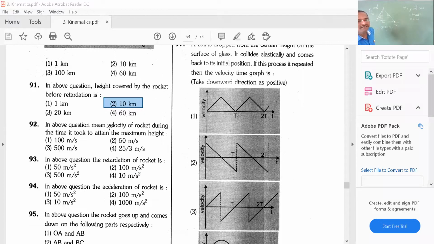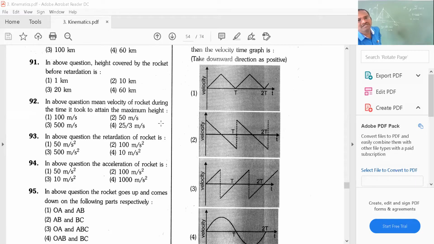Next. In the same question, the mean velocity of the rocket during the time it took to attain the maximum height. What are they asking in this diagram? The mean velocity of the rocket.